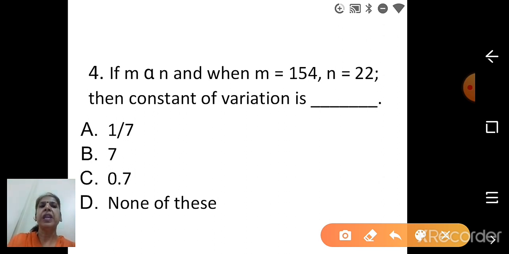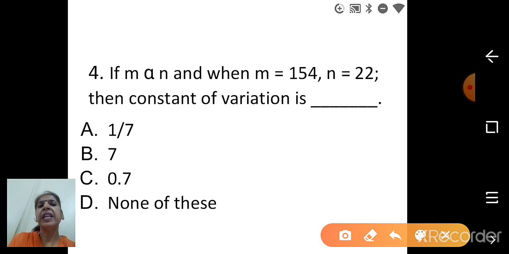So ratio will be m upon n. So 154 divided by 22. What is the answer? Divide 154 by 22. You will be getting 7. So which option? B option.